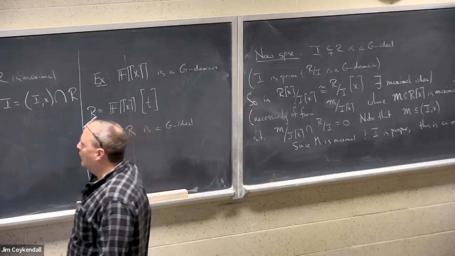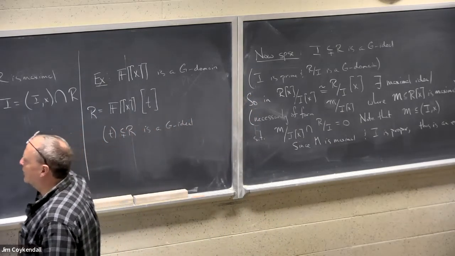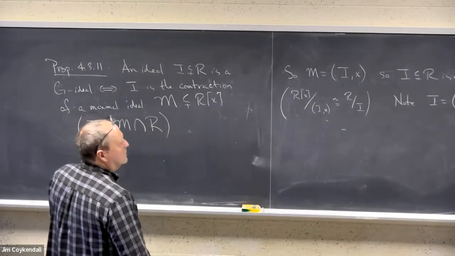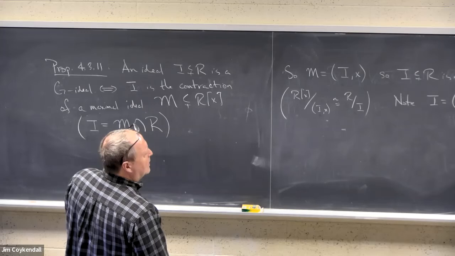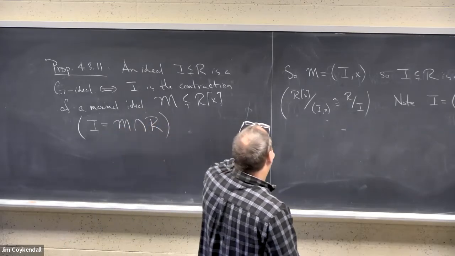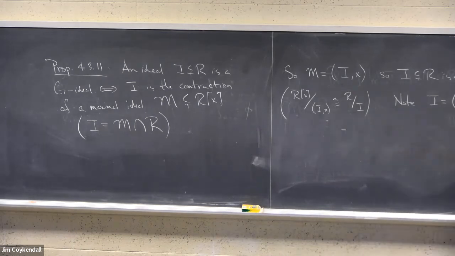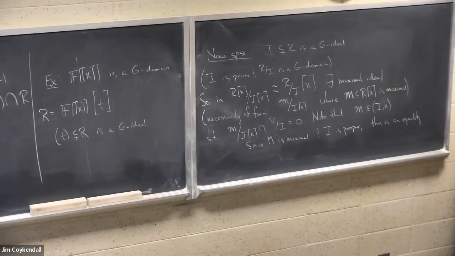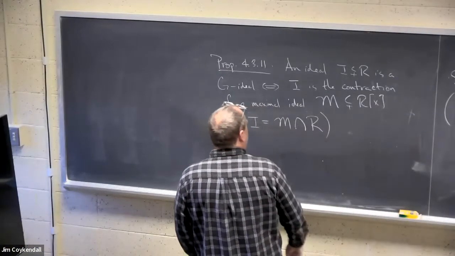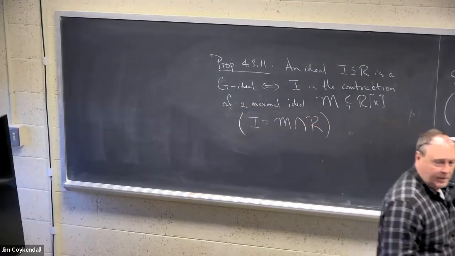So I see where the inspiration for this comes from. What were we doing in this proof here? Right, so I is the G ideal. So, right, here's what the thing is. I mean, the contraction of a maximal ideal doesn't necessarily have to be maximal itself, right?